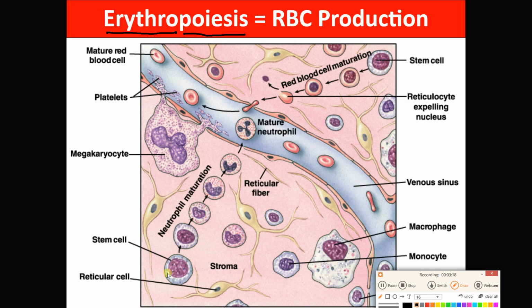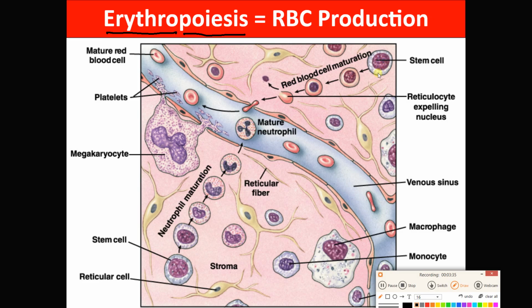So here is a stem cell, the hemocytoblast. Here's another stem cell, hemocytoblast. And here we have the stem cell, the hemocytoblast, becoming a red blood cell. In other places, it might become a white blood cell or even become platelets.